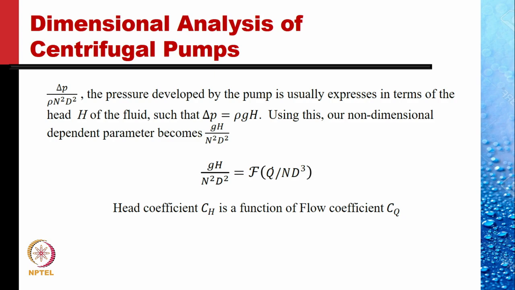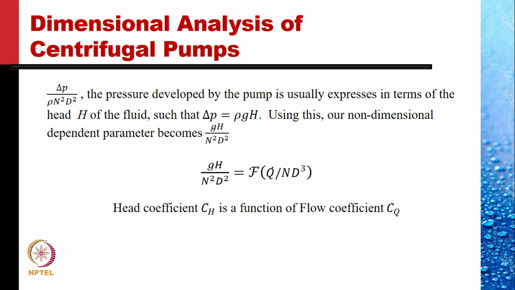So, for delta P, I substitute rho gH, and so the dependent parameter becomes gH divided by n square d square. And that is a function of q dot by n d cube. The parameter gH by n square d square is termed as head coefficient in pump engineering, and the parameter q dot divided by n d cube is termed as the flow coefficient CQ, such that CH now is a function of CQ.